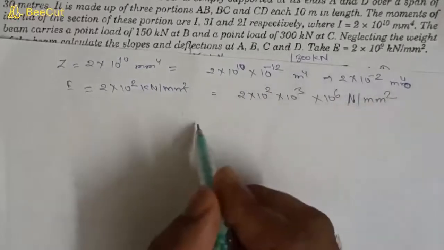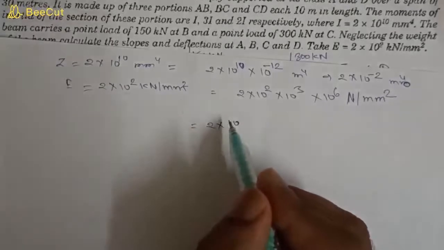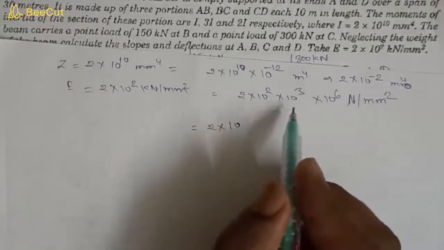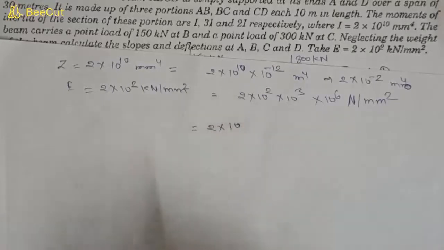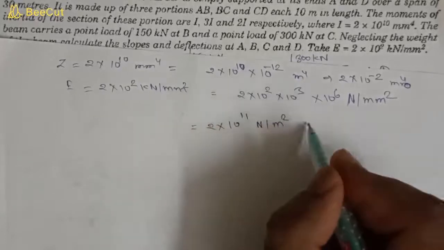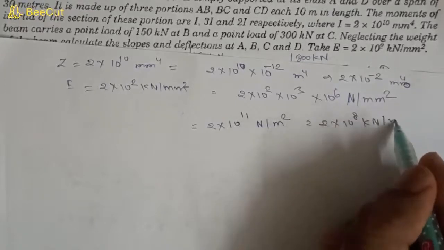Okay, so you will get 2 into 10 to the power 11 Newton per meter square, or we can write it as 2 into 10 to the power 8 kilonewton per meter square.